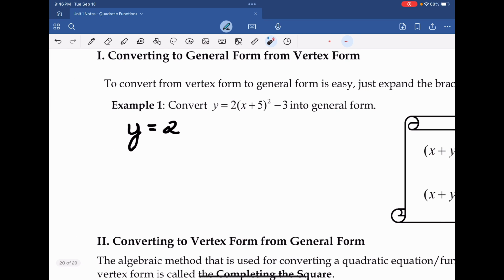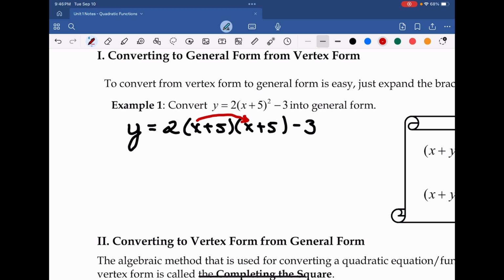All right, let's expand this one here. So the x plus 5, I'm going to write it out twice. It's going to be x plus 5 multiplied by x plus 5, and then minus 3. Now what we have to do is expand this x plus 5 times x plus 5. I'm going to use my Pepsi symbol that I like to use at the 10C level, where I go first term to the outside. So y is equal to 2, and I'm just going to keep that 2 out there for now because I'll multiply it in a second.